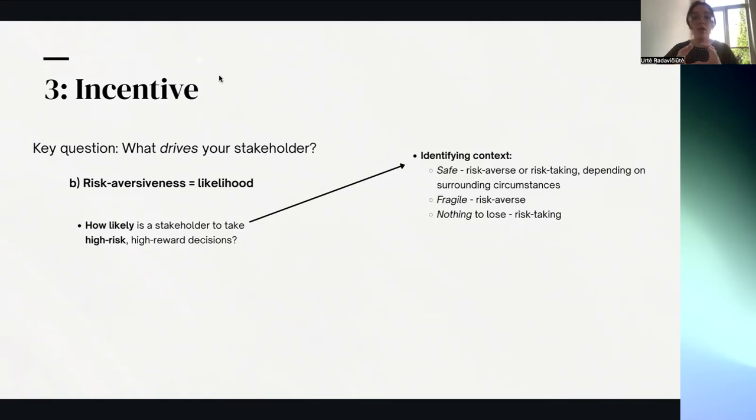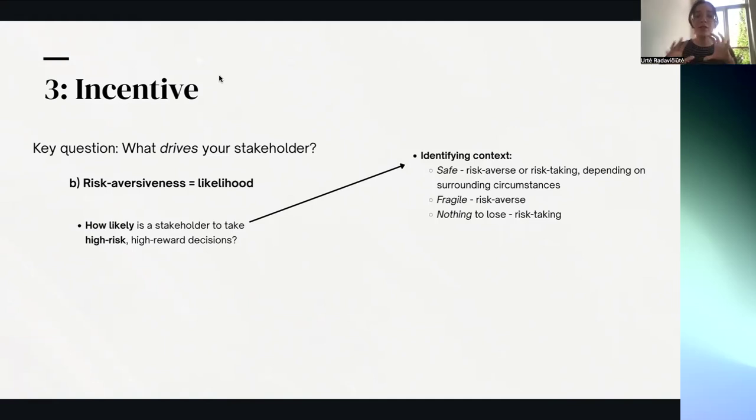I guess it depends on the surrounding circumstances or the extent of the motivation that the stakeholder has to achieve something. Say, if they're in a financially dire situation, if they really want to save money in order to keep their profit margins, they might be willing to risk it. But if they've been down this road before, even if they're safe now, they might not be too willing to risk repeating the same mistakes.